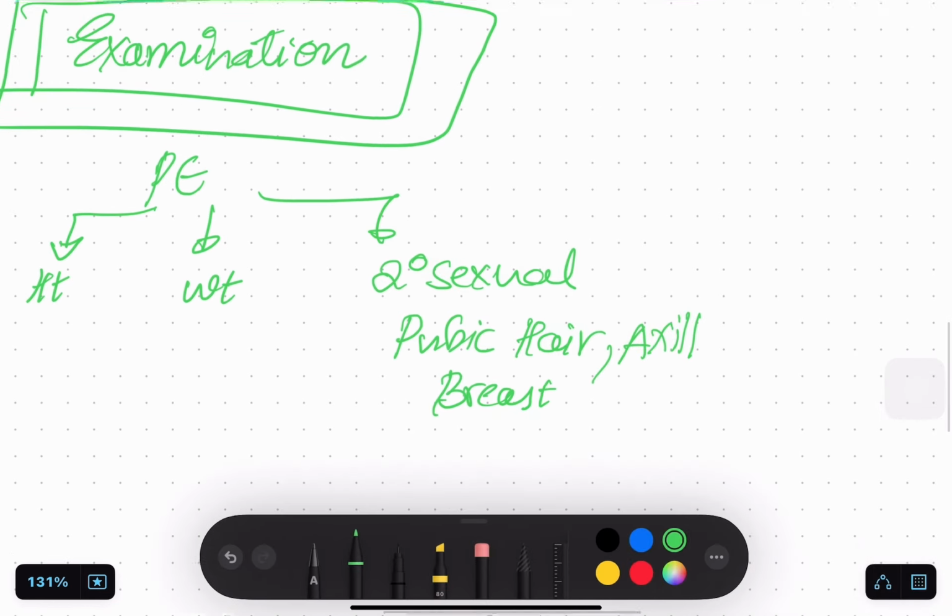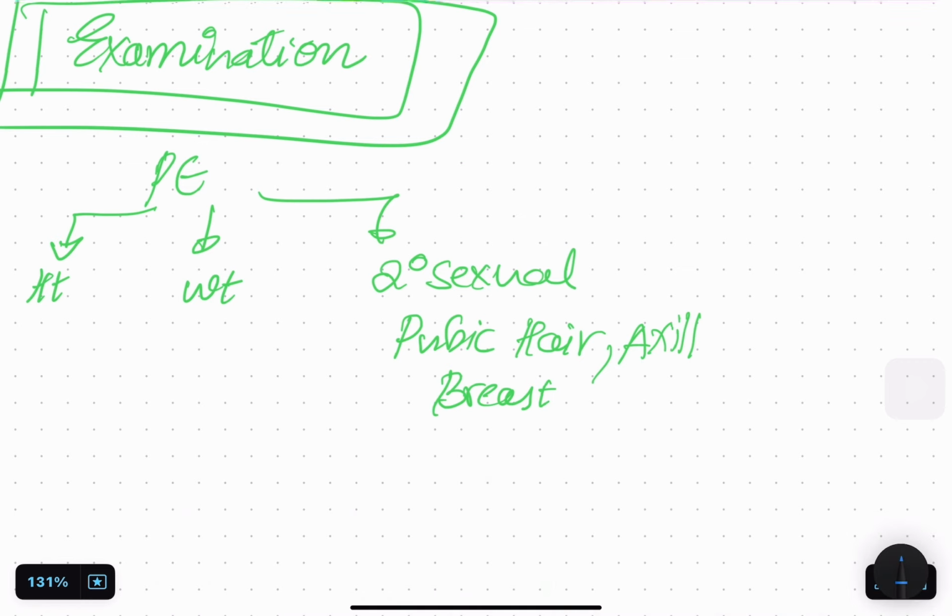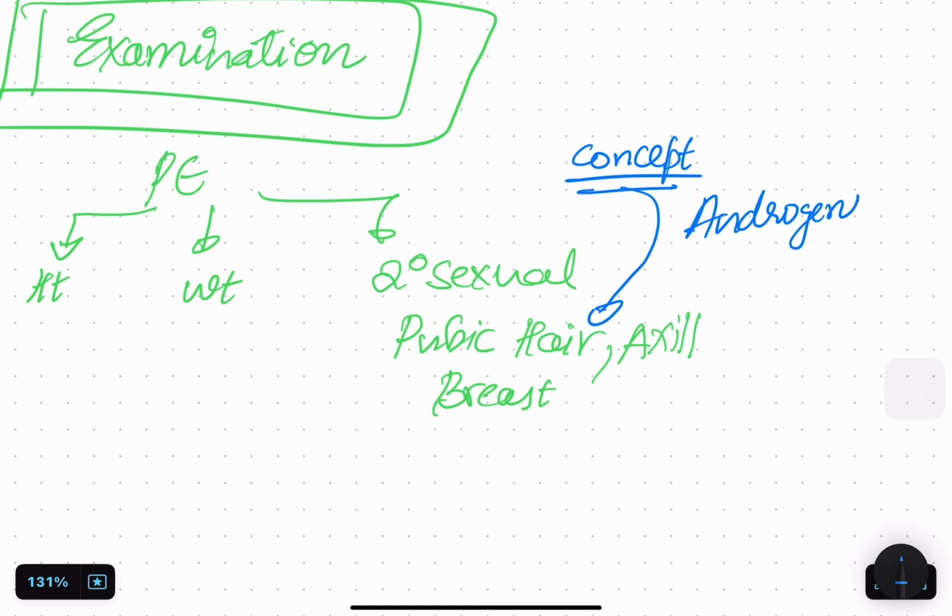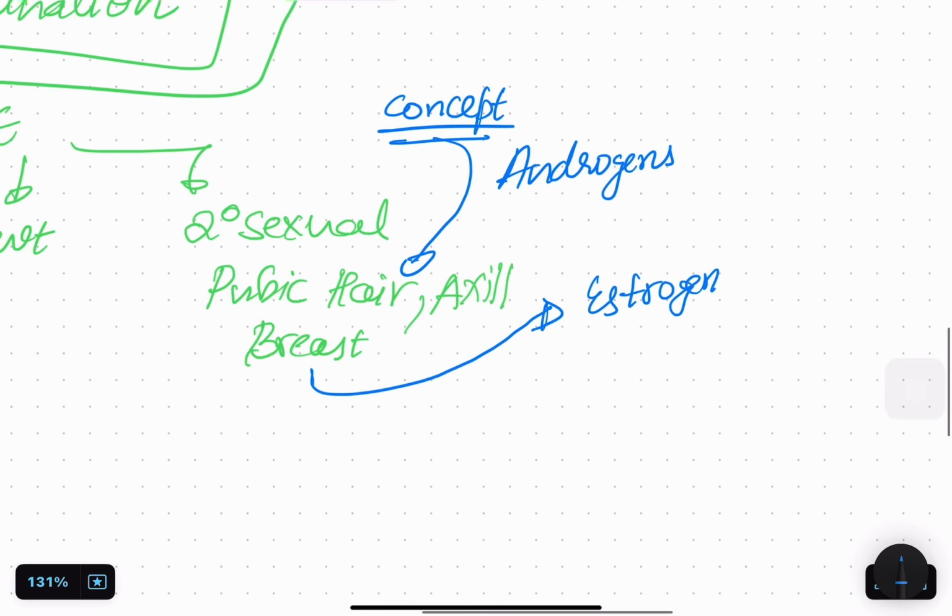Okay, concept link. So what is the concept? The concept is that for development of pubic hair, you need androgens. For development of breast, you need estrogen. So if you see these two are present, that means these two are normal.